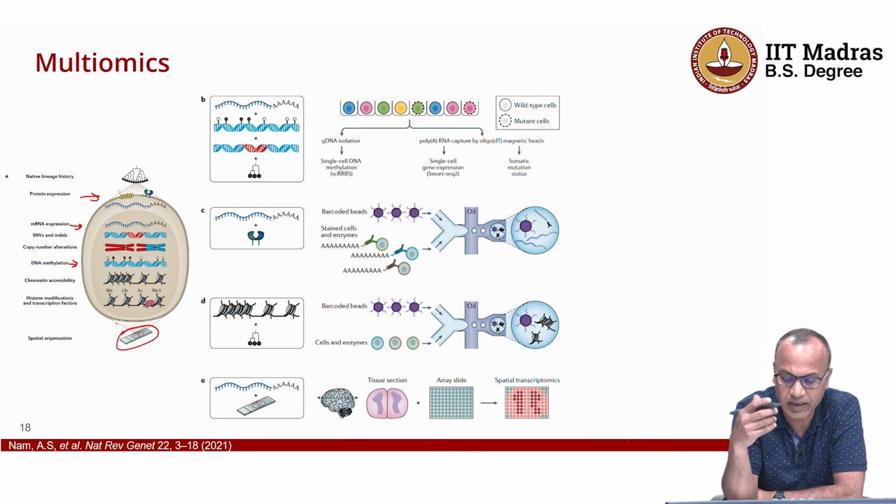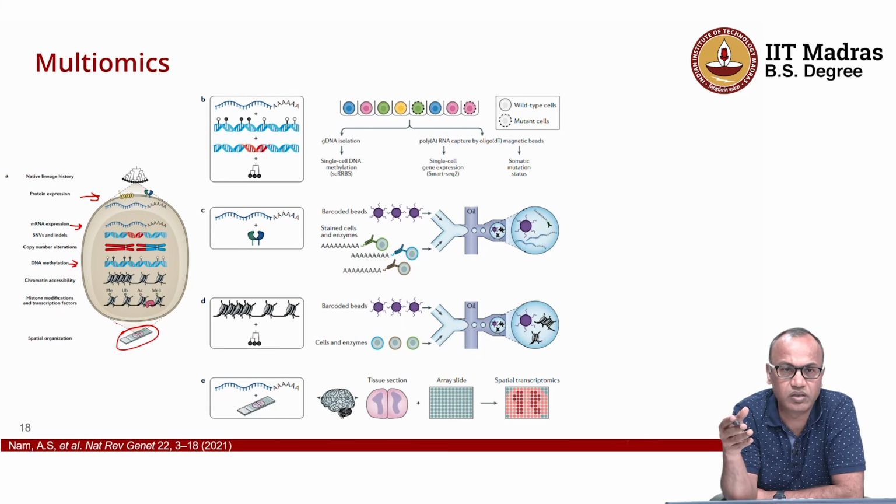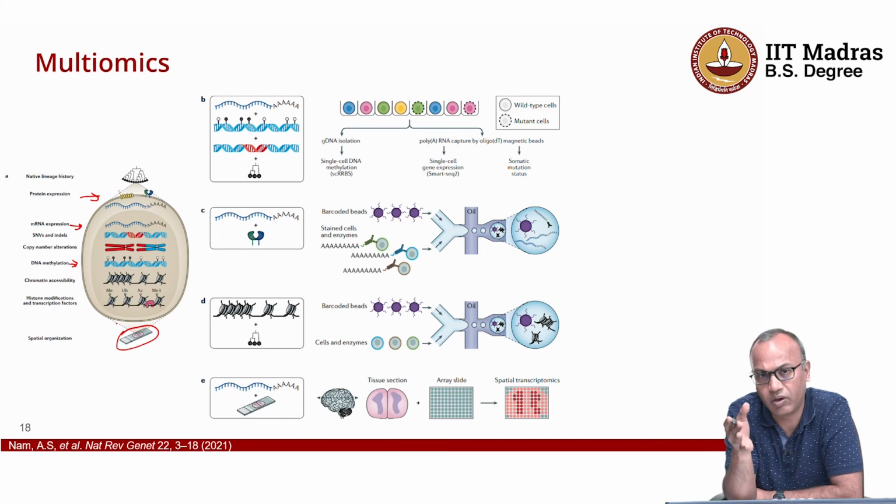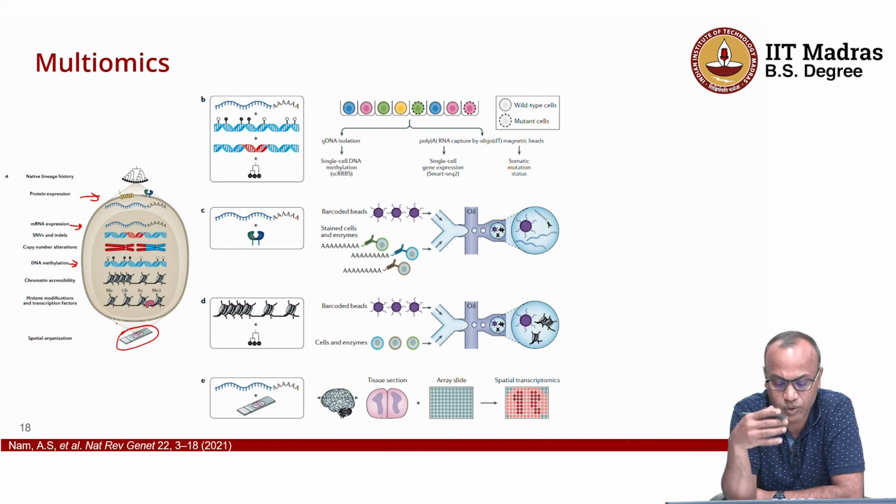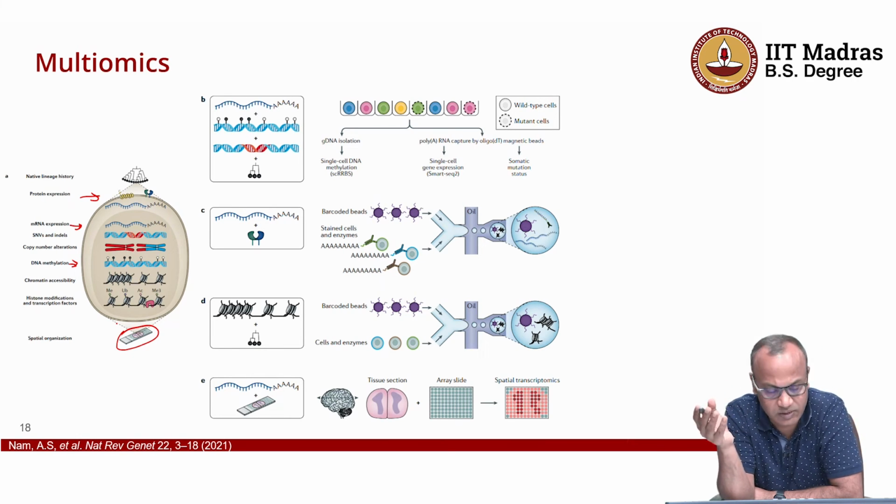So by combining these kinds of technologies, either at a single cell level or at the bulk cell level, you can start building a better readout of how different cells, different tissues are affected in a particular disease, or how a treatment actually cures the disease, right.